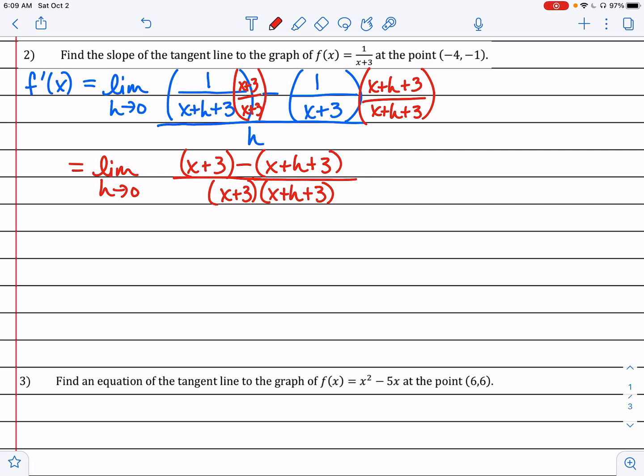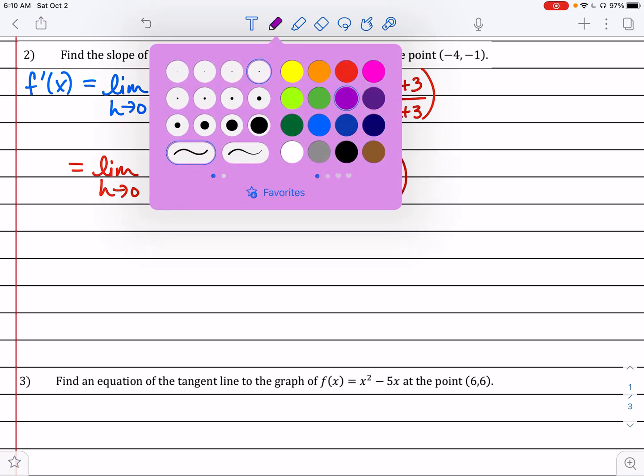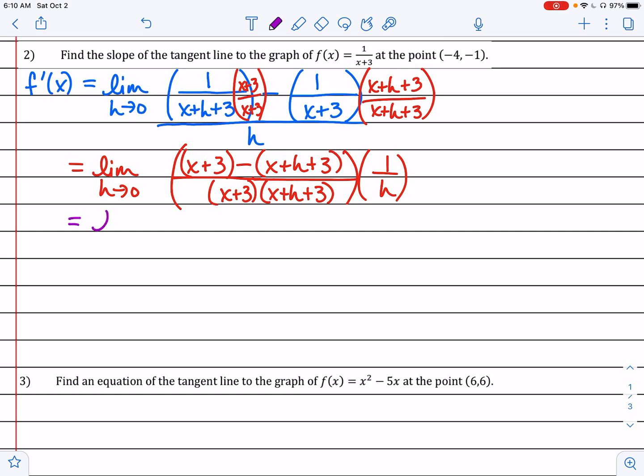And then since you're dividing by h, that's like multiplying by 1 over h. So when I simplify, I'll say, well, I have the limit as h approaches 0 of x minus x cancels, 3 minus 3 cancels. I have a negative h in the numerator and a positive h in the denominator.